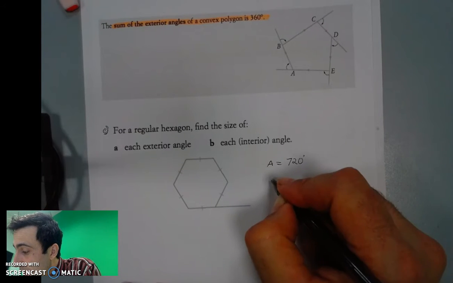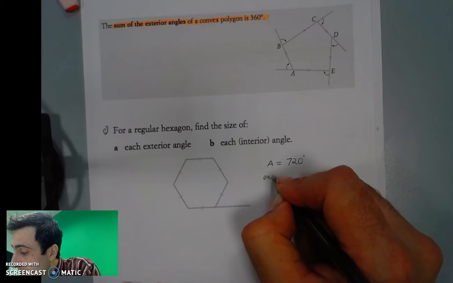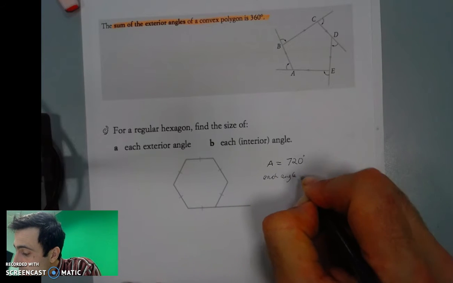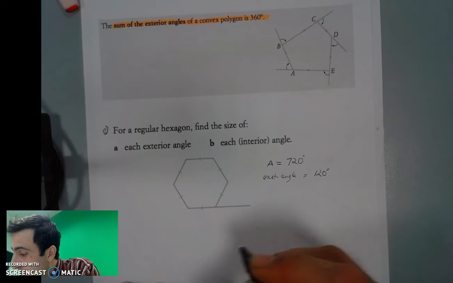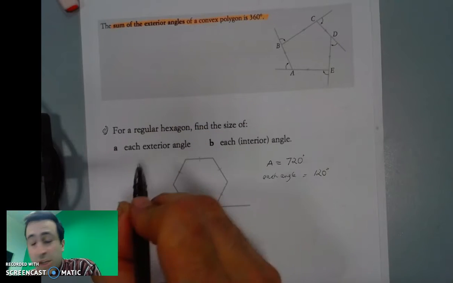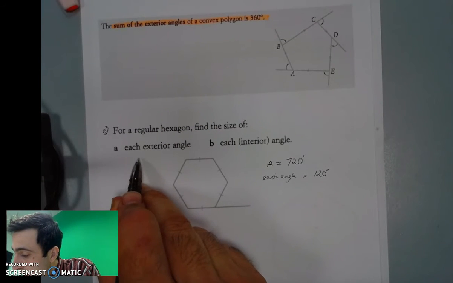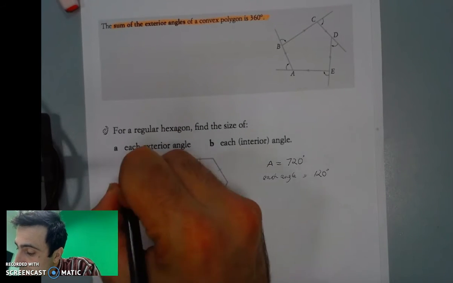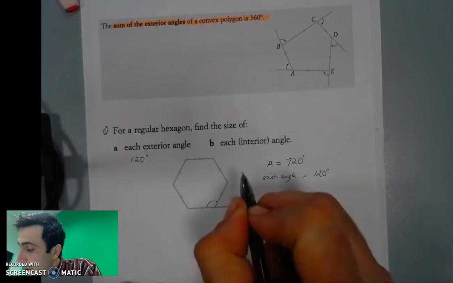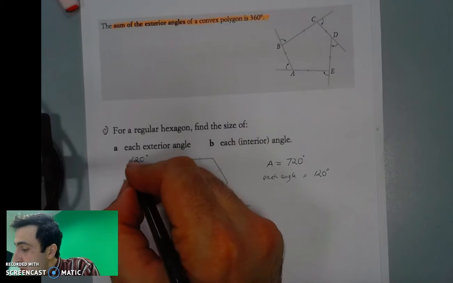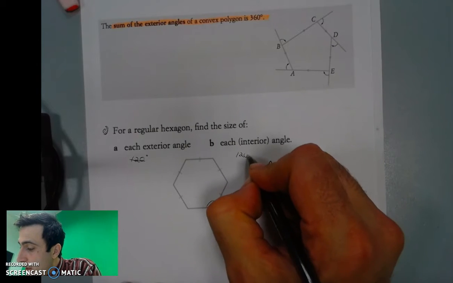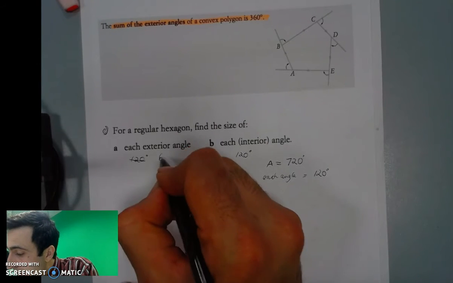Therefore, each angle is 120 degrees. Therefore, each interior angle is 120 degrees, and each exterior angle has to be 60 degrees.